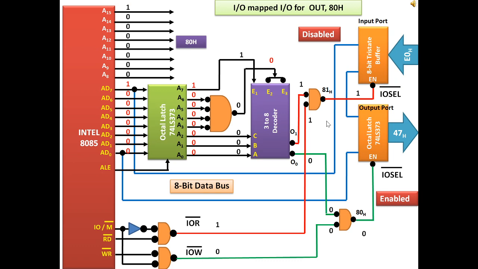So what we can see is when the microprocessor is generating out 80, it is uniquely identifying the output port, and the content which is presently available in the accumulator, which was 47, will be available at the output of this.